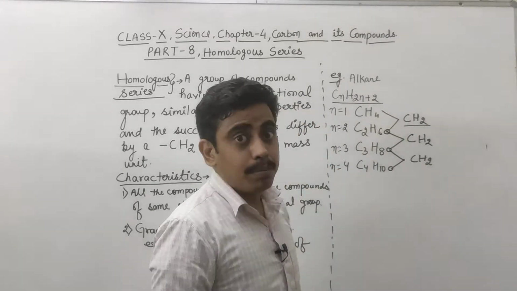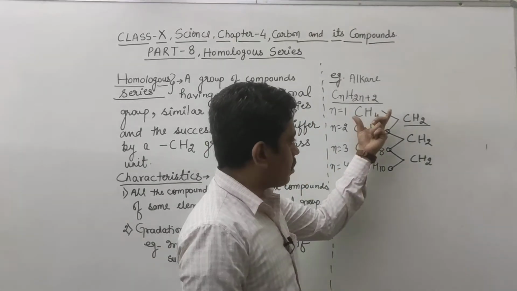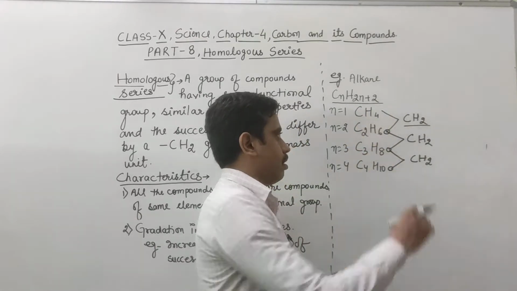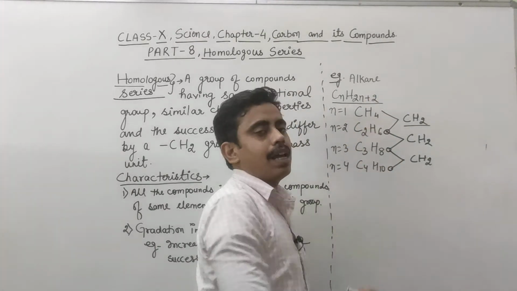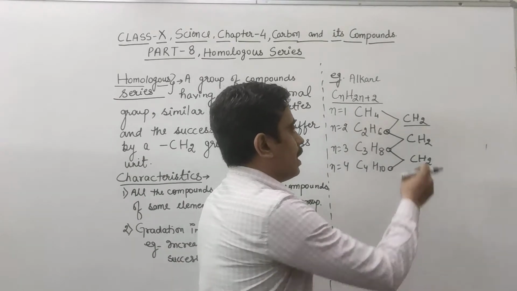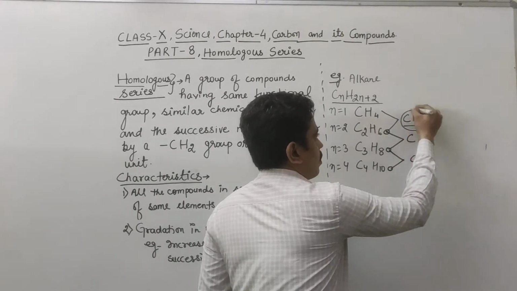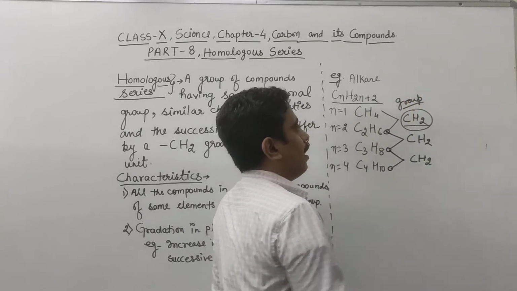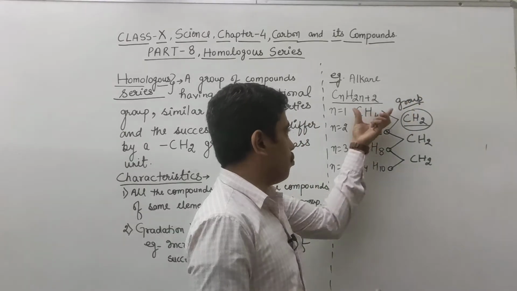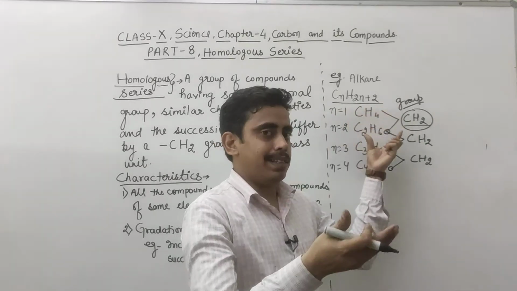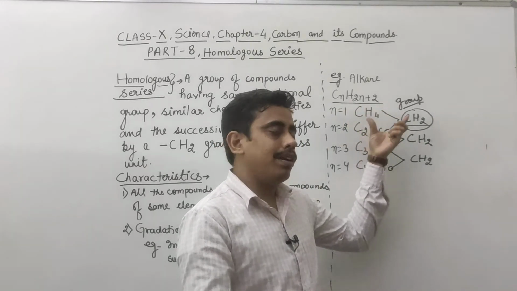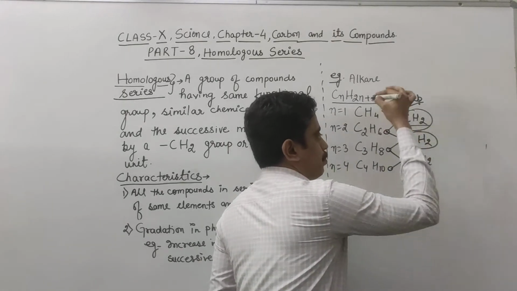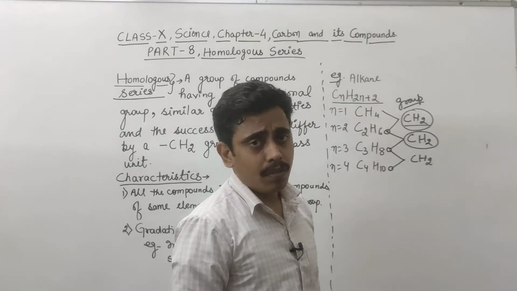Did you see any similarity? In this series, all the members have a difference of a group, that is a CH2 group. Successive members, first member, then second member and third member, have equal difference of the group CH2.